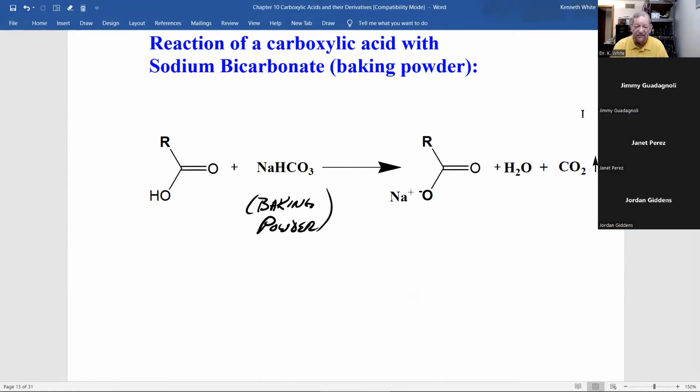Now, baking powder, you know, the stuff in the little red can called Calumet baking powder, or you can find a yellow can, has the strange name made in Indiana called Clabber Girl, and they're essentially sodium bicarbonate, this. And if you take a carboxylic acid, you get the carboxylate anion, water, and carbon dioxide given off as a gas. Well, let's take a look at why this happens.